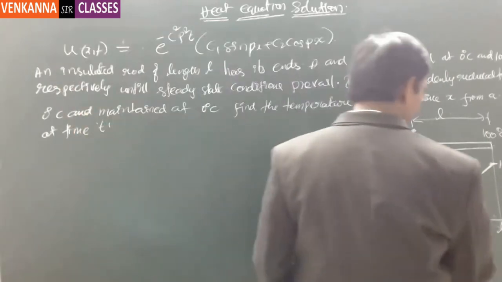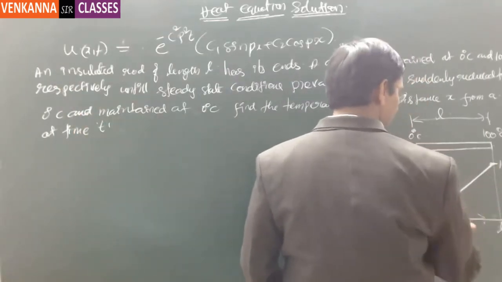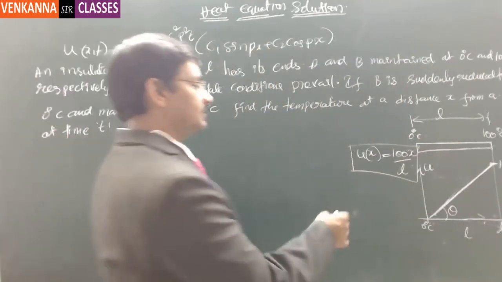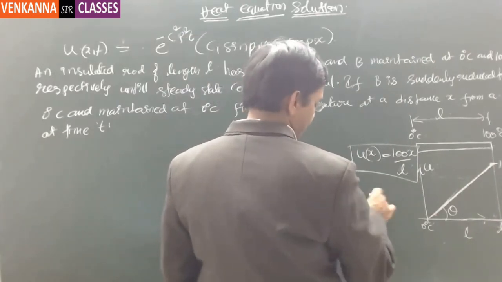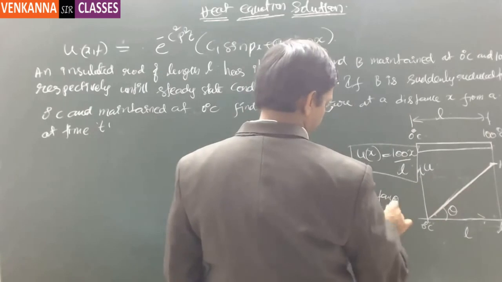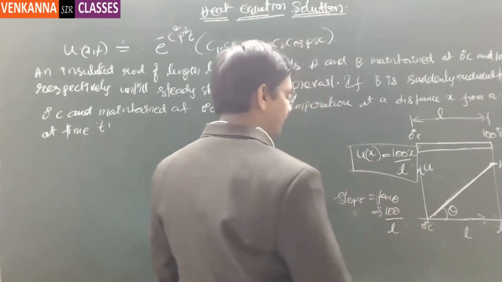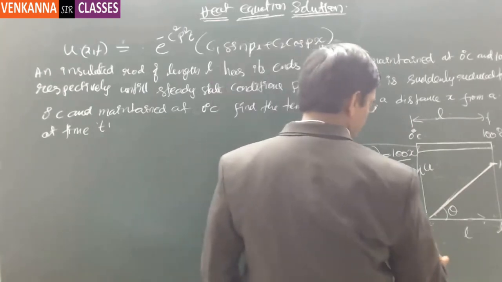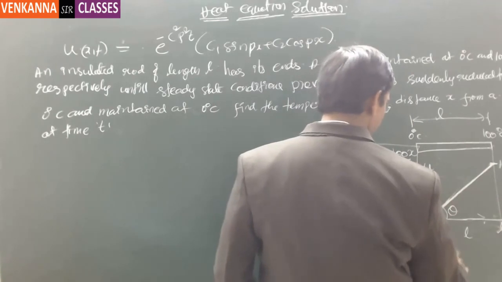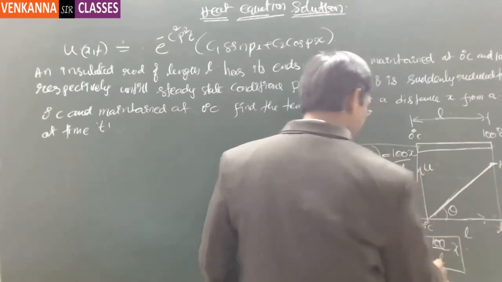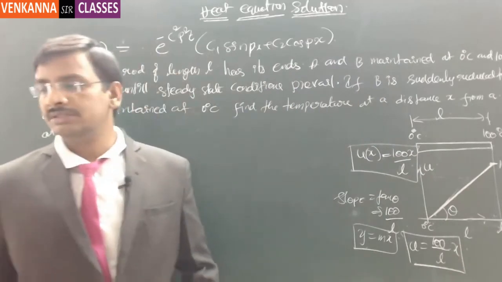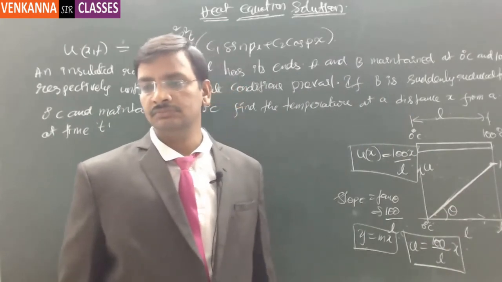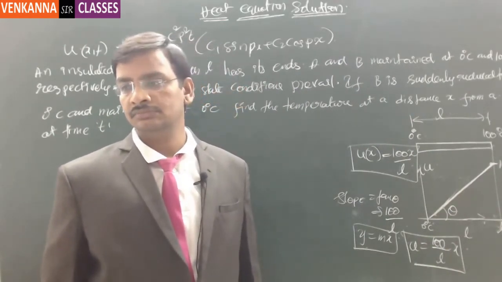The slope of this is 100 height and this is L. So this is theta, so tan theta is equal to 100 by L. So the slope of this is 100 by L. y is equal to mx is the standard format. So in this standard format, u is nothing but the slope 100 by L into x. So at any displacement x, this is how you will be able to find the steady state temperature. Is this understood?